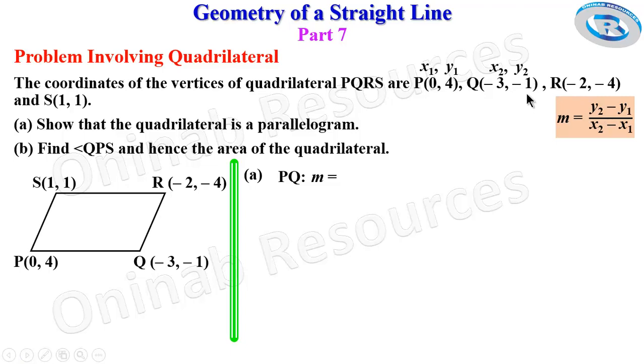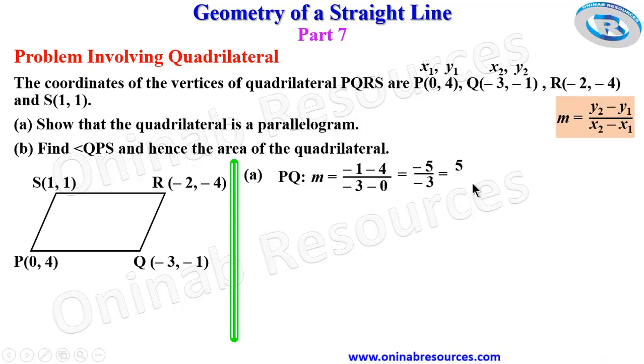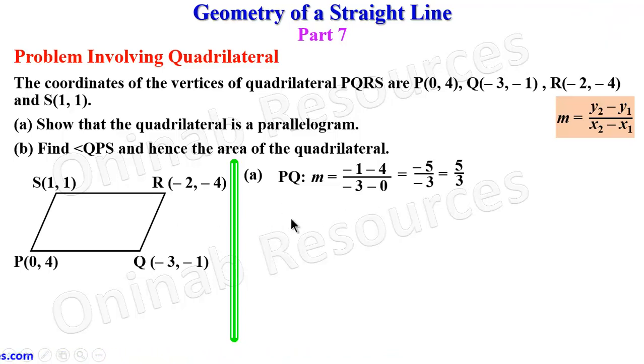So our y2, which is -1, minus y1, that's 4, over our x2, which is -3, minus 0. So this gives us -5 over -3. And finally, we have it as 5 over 3.